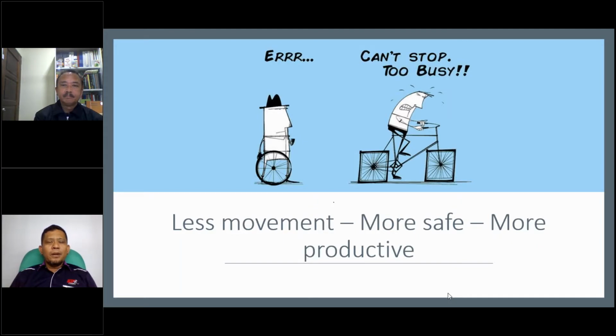I prefer overhead because we can see abnormalities, instead of on the ground. On the ground, sometimes the leakage is hidden in the gravel, and the tank farm normally puts gravel and so on, because people didn't see it.